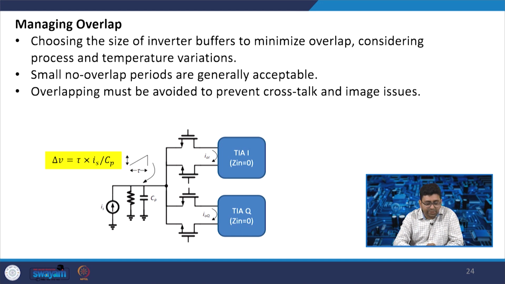If we want to manage this overlap, we choose the size of the inverter buffer that we are using to minimize the overlap, considering process and temperature variation, and small no overlap periods are generally acceptable, and that delta V is considered tau into Is by Cp. So, overlapping must be avoided to prevent the crosstalk and image issue. This is why we need to manage the overlap.